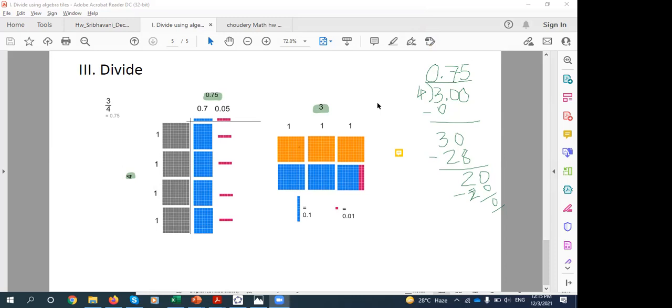I remember that she asked last time how to explain 21 divided by 2 in the long division algorithm. We had talked about that last time, right?